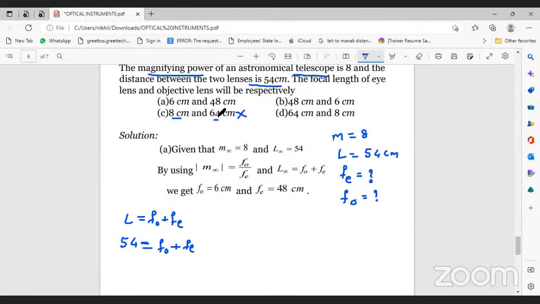This is not possible because if I add these two, I will get 72. Similarly, these two are also not possible. So either option A is correct or option B is correct.